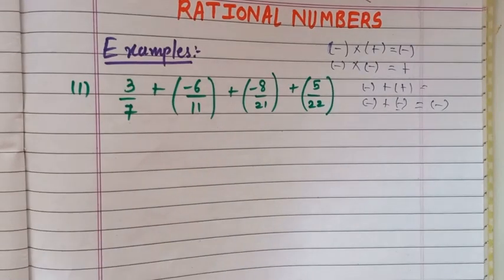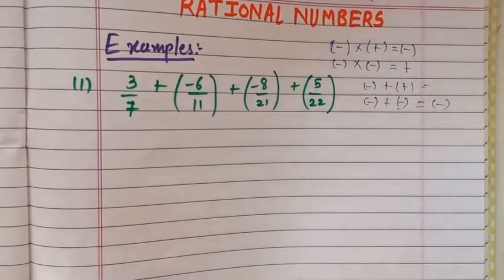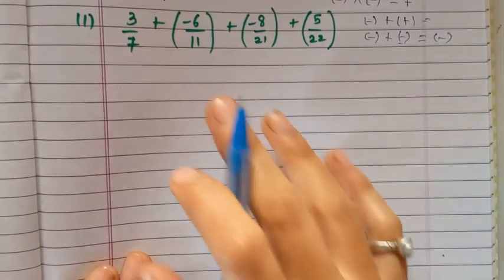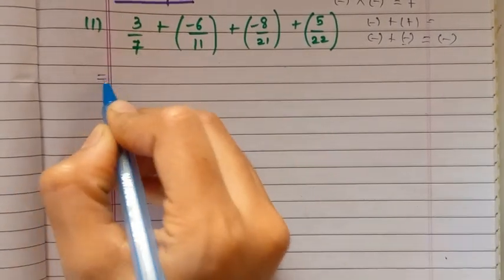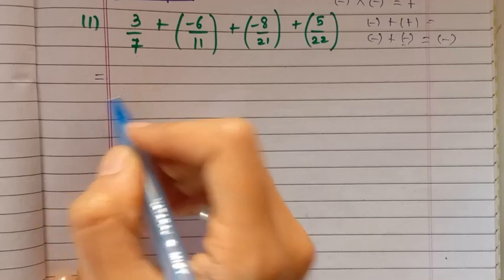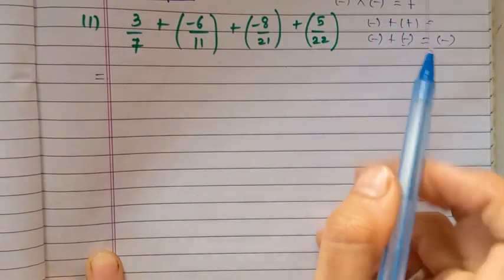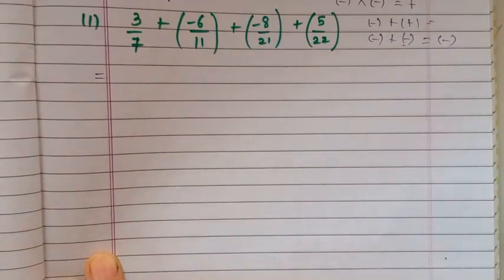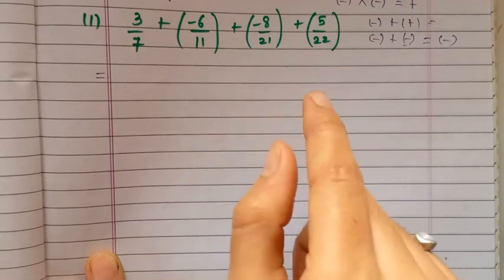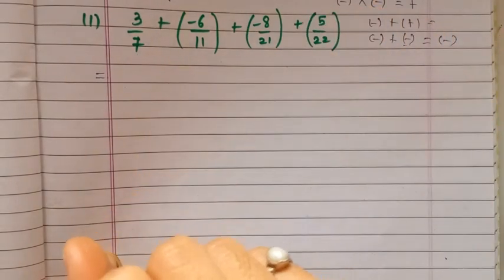So first, let's solve this. So this is 3 by 7 now. Another thing: for addition and subtraction we must have rational numbers with equal denominators.